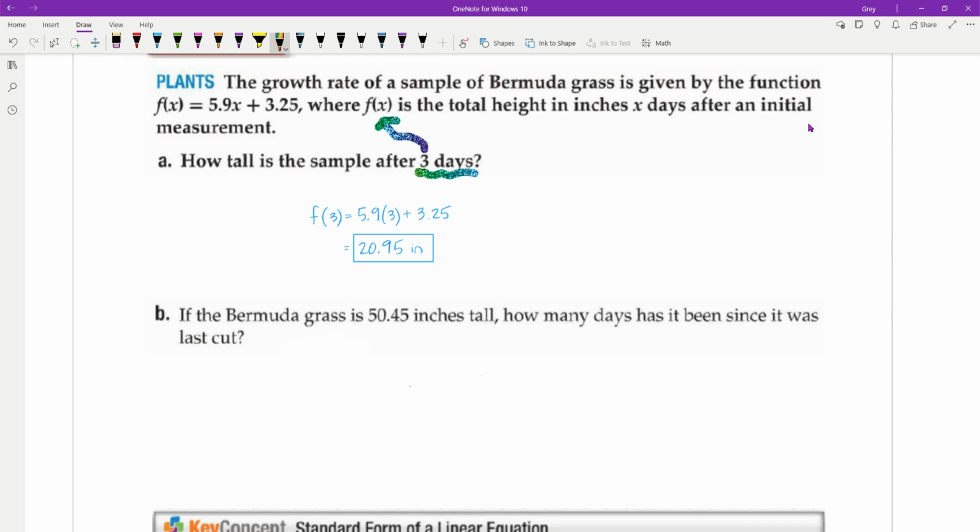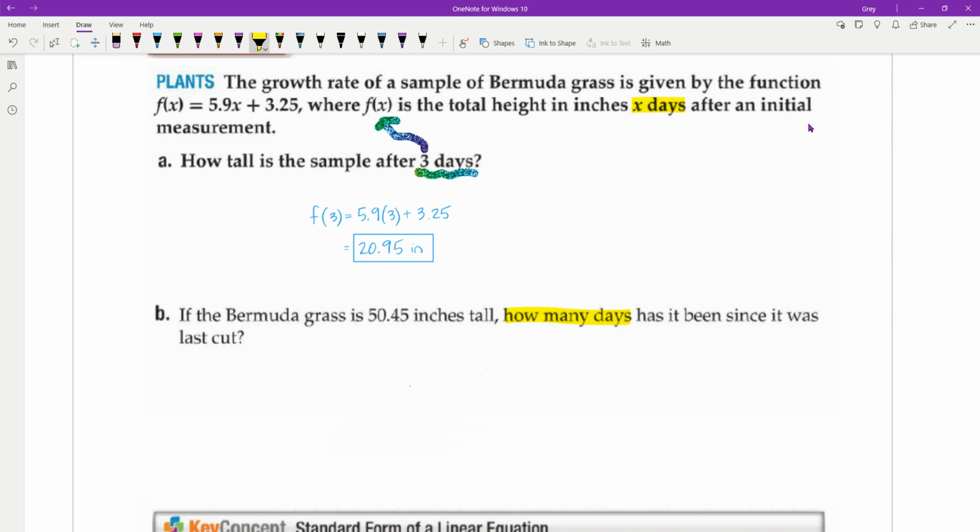Part B says, if the Bermuda grass is 50.45 inches tall, how many days has it been since it was last cut? And one of the things to look out for, y'all, if it says how many days, and if you're struggling at all, look back up at the original problem. Days is defined with the x variable, which tells you how many days.